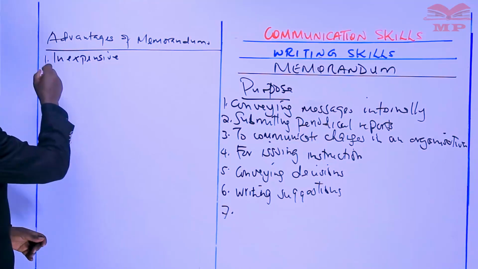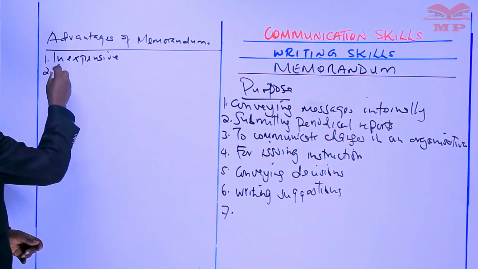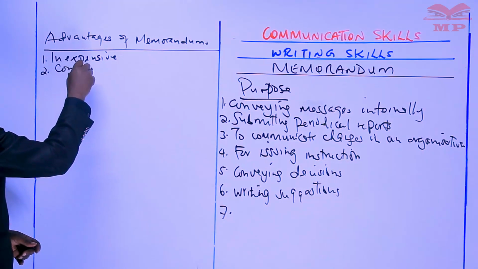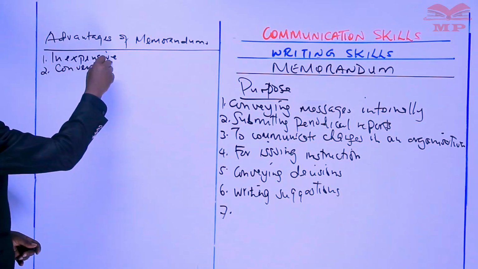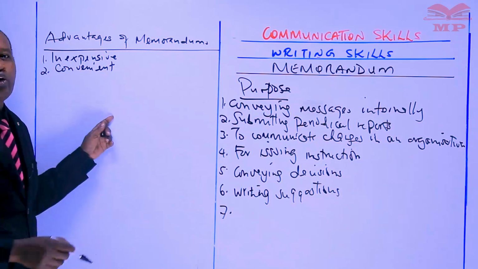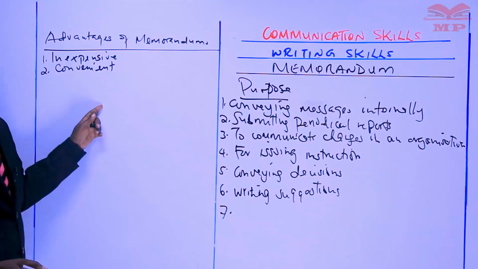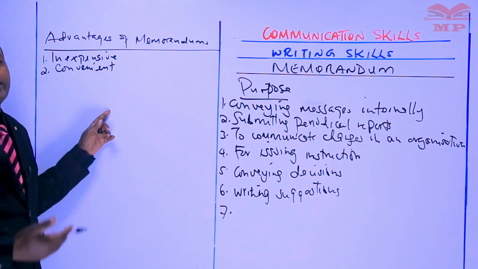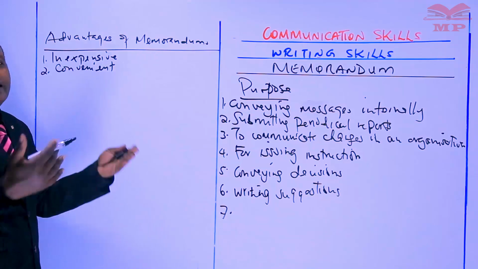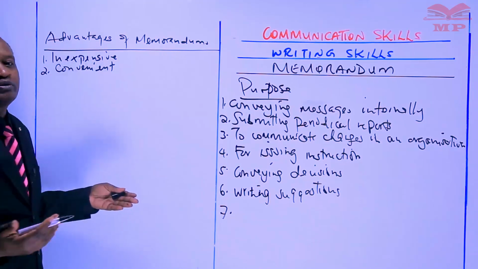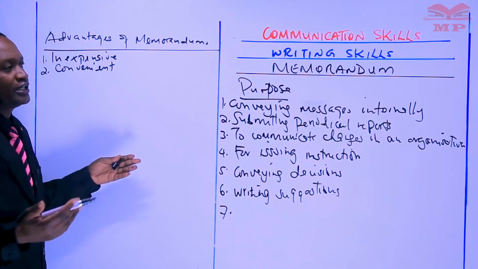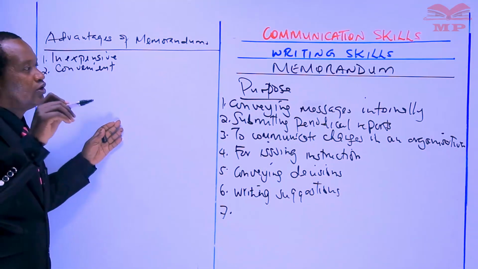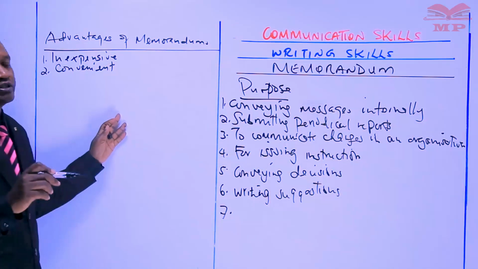Another advantage is related to convenience. It is convenient to write and read a memo, as all headings like date, person, and so on are usually printed on standardized forms.